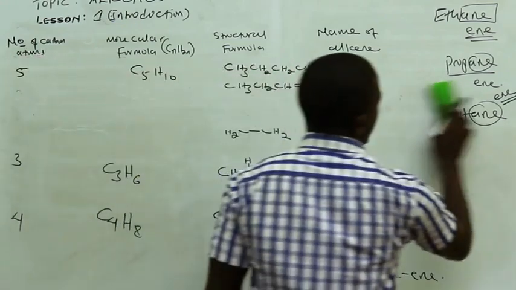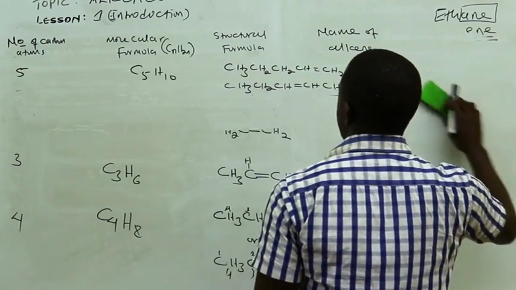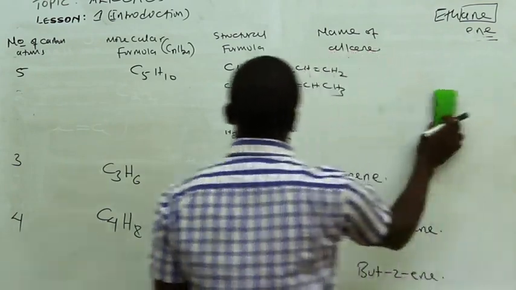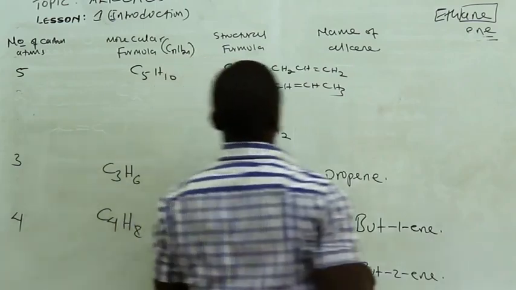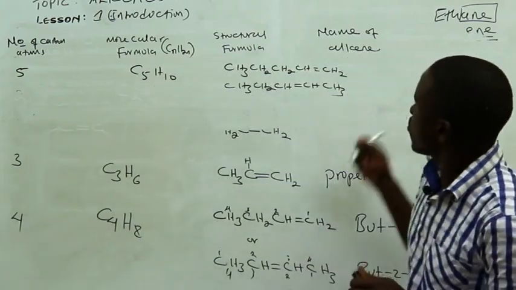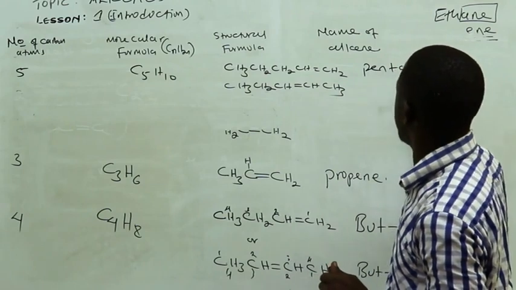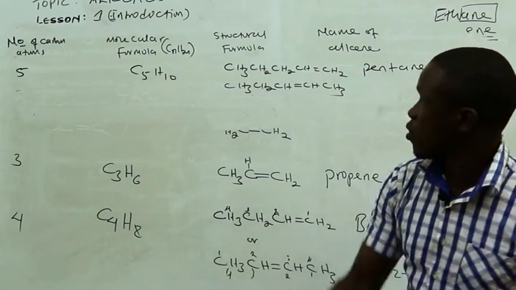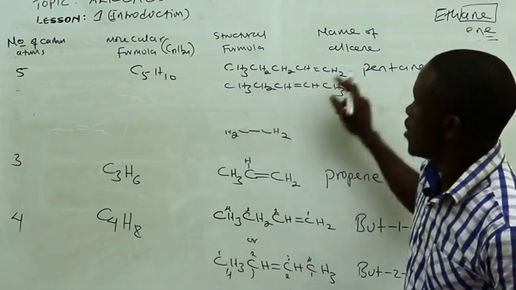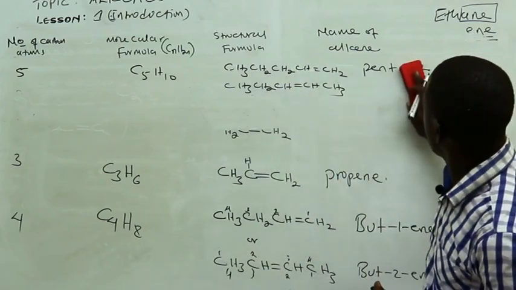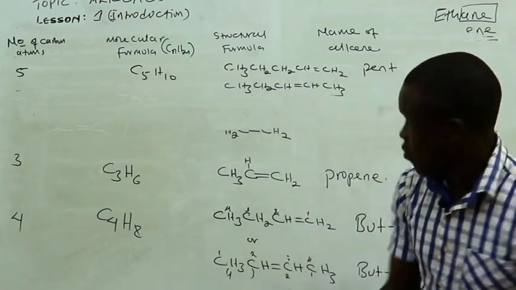How could we name the first one? The double bond is at the first carbon atom, so this one would be pent. Remember the name would be pentane if it was an alkane because of 5 carbon atoms. But then we need to locate the position of the double bond, which is number 1.